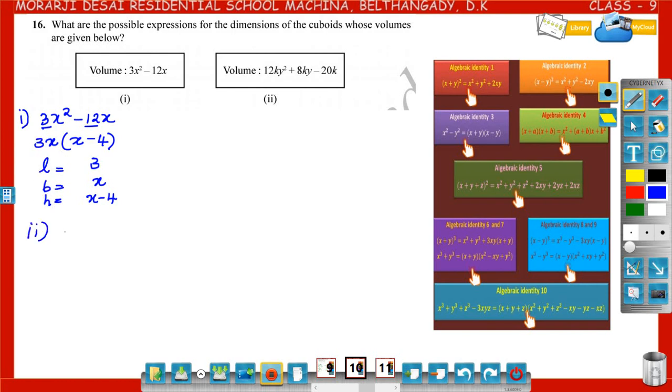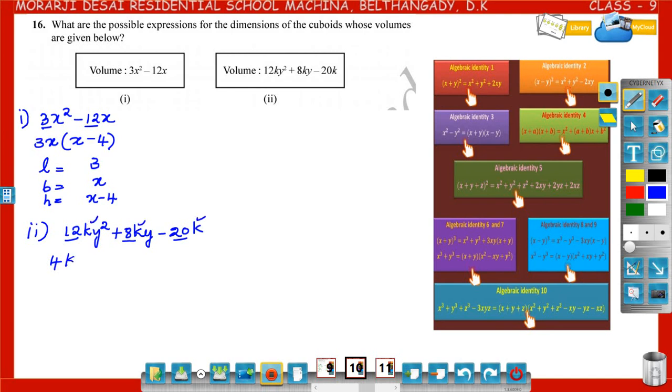Now second one, 12ky square plus 8ky minus 20k. First you have to check whether there are common terms or not. 12, 8 and 20 are divisible by 4. So 4 is common, and in each term we have k.